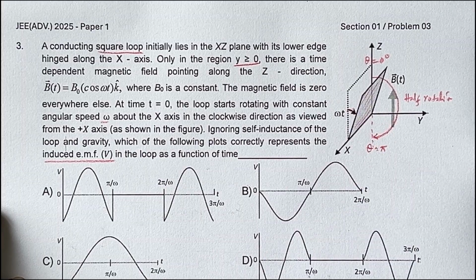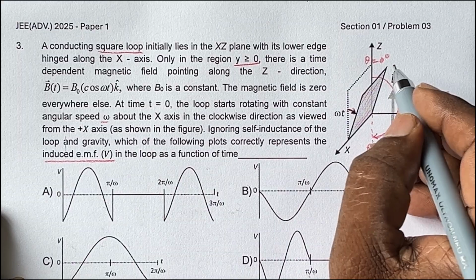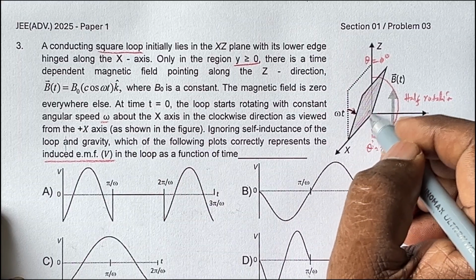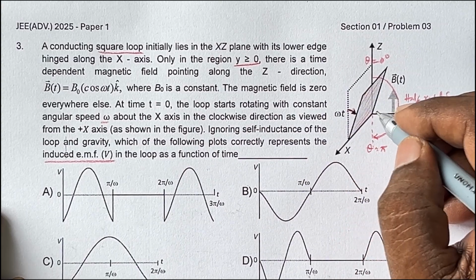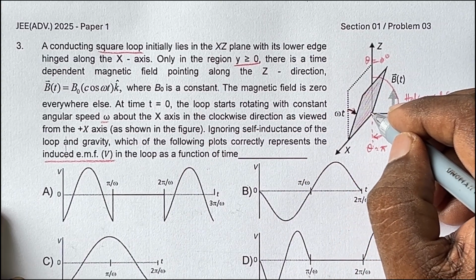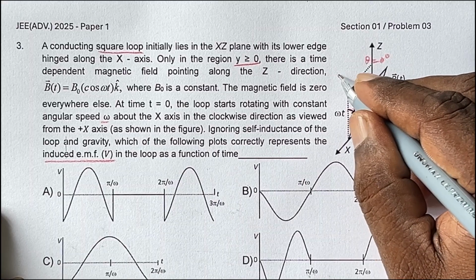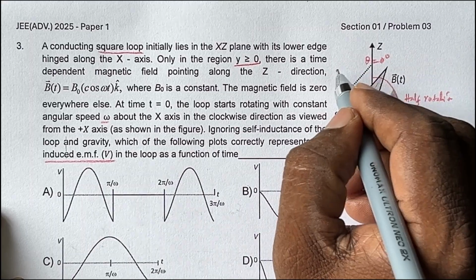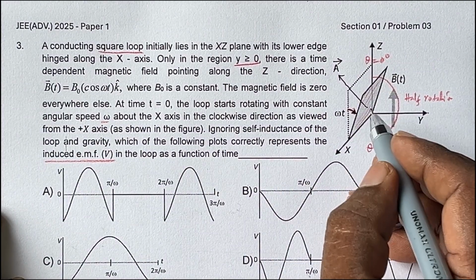Here, this is the loop. The maximum area of the loop, let us take it as A naught. To the surface of the loop, this is the direction of the area vector.